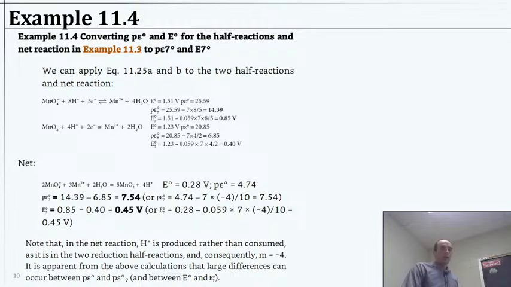Okay, a quick example we can take a look at to do those conversions. It's a manganese oxide half reaction here at the top. That's plus 8 protons and 5 electrons in equilibrium with manganese 2 plus and 4 waters.